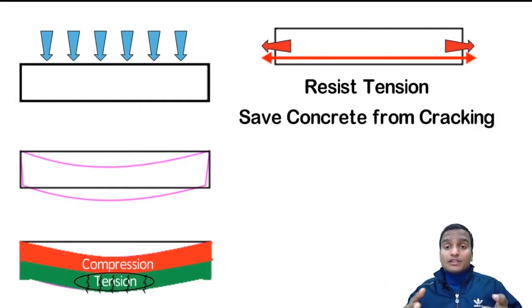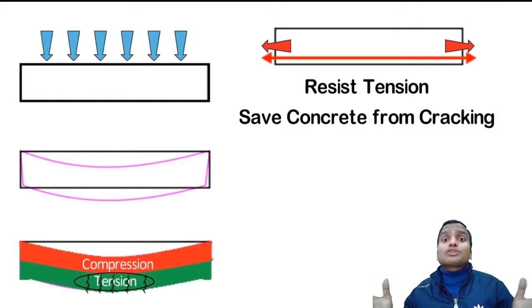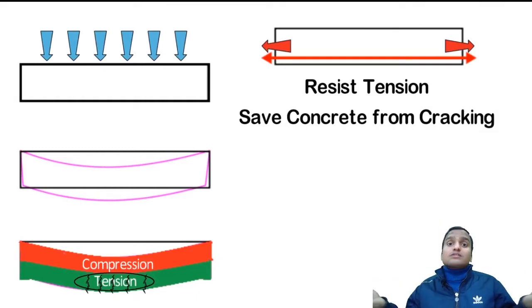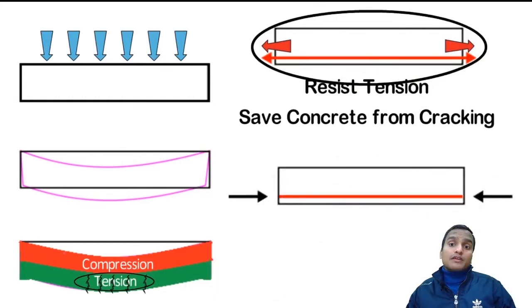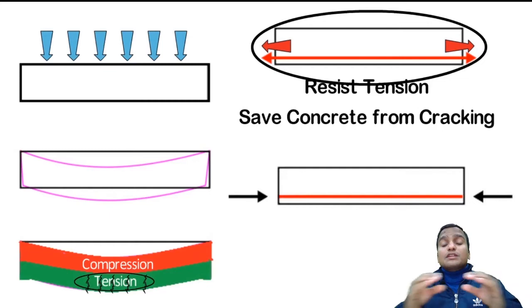So concrete in the bottom zone will develop compressive force to resist this tensile force in the tendon. So here this steel bar, which is pre-stressed, is going to save the concrete from cracking, because concrete in the bottom zone is in compression now.